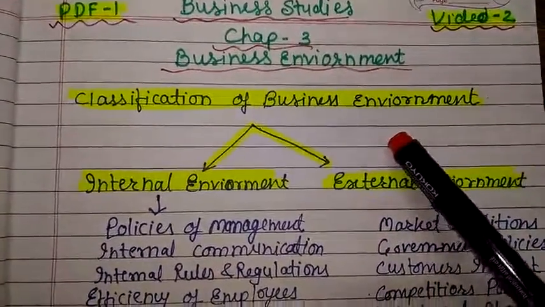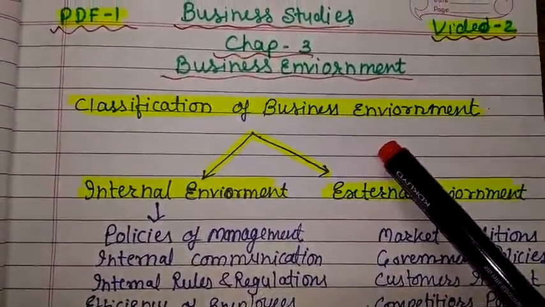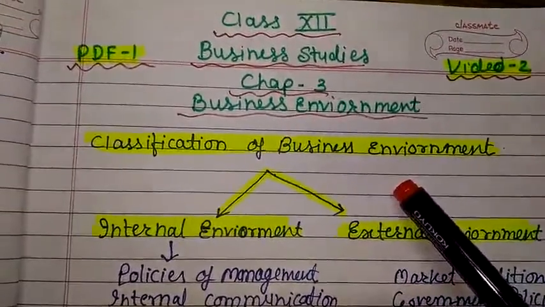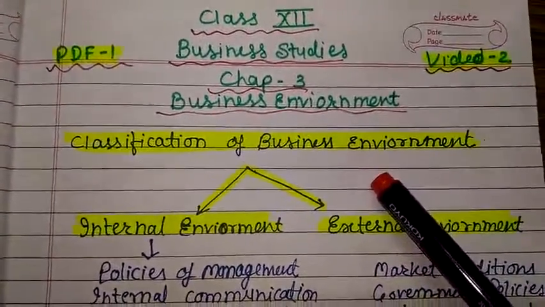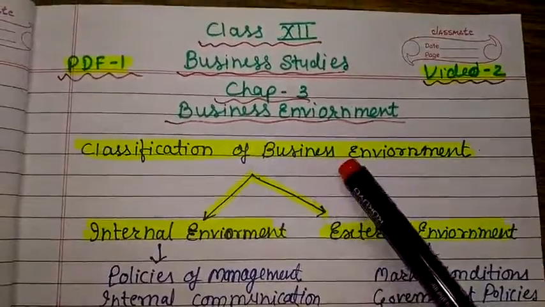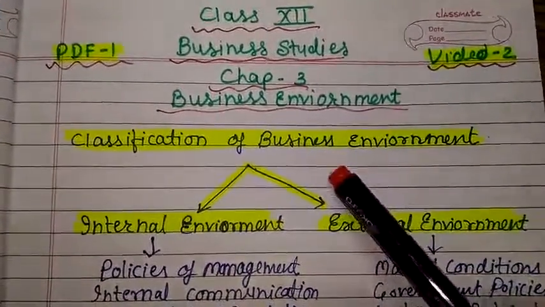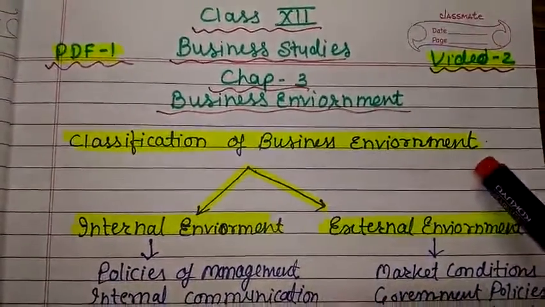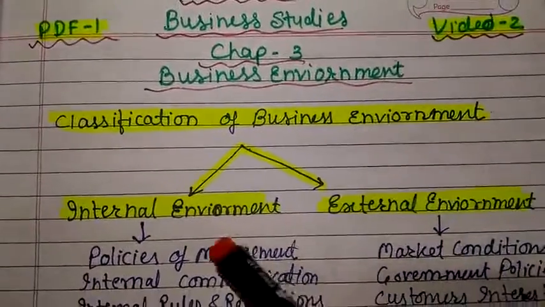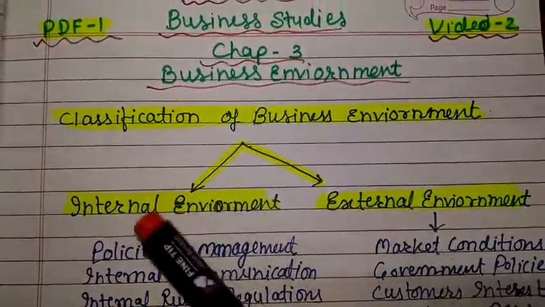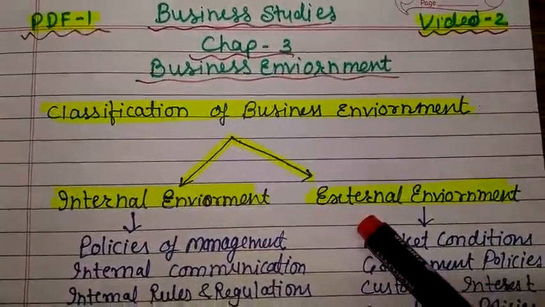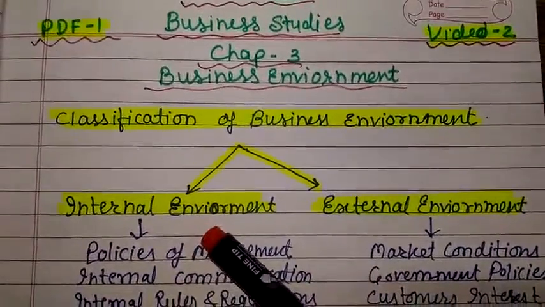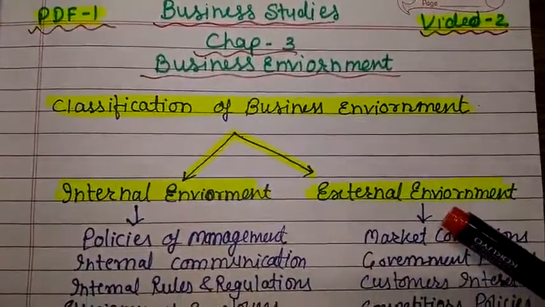As you know, business environment means all those factors or effects in which a business has to survive. And in this atmosphere of business, two types of environment can be categorized: internal environment and external environment.